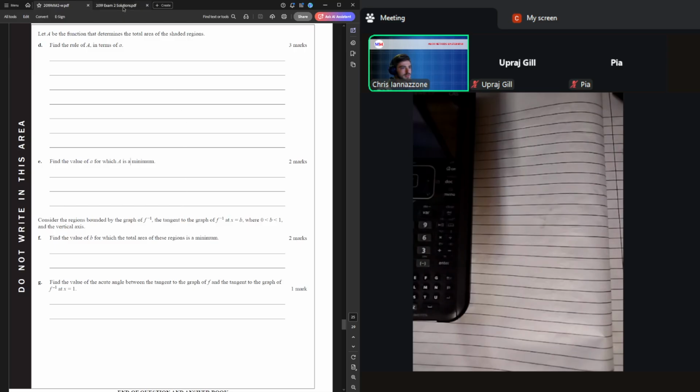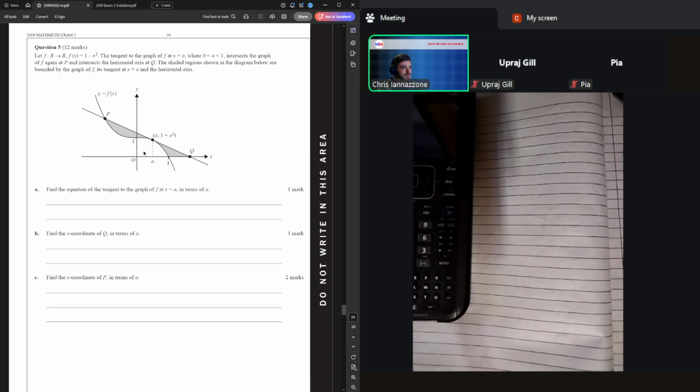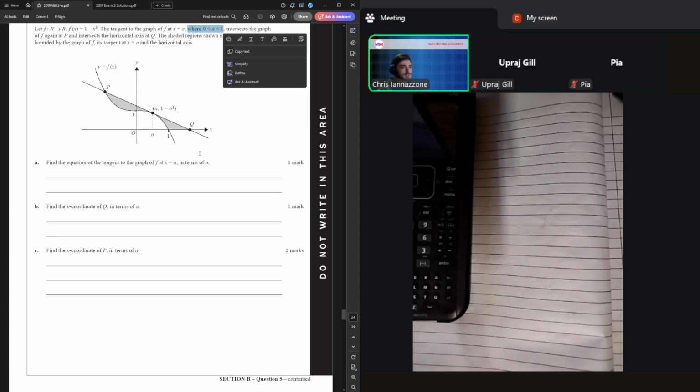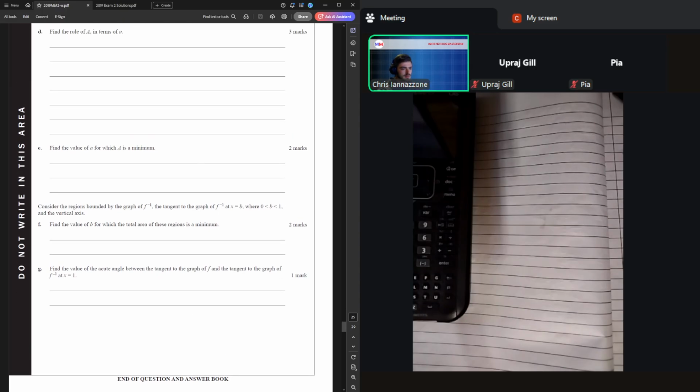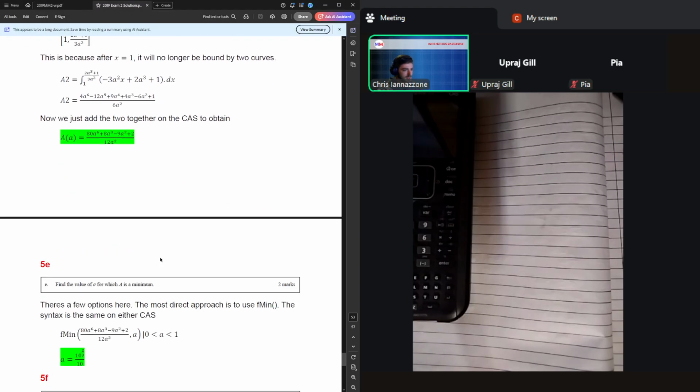Capital A, in terms of A, I guess just make sure that maybe A between 0 and 1 will matter for that. Let me just double check in the background. Did I do fmin? Yeah, no, I did do fmin. So if you do end up fminning it, you'll get that. Of course, just making sure you put 0 to 1, probably.